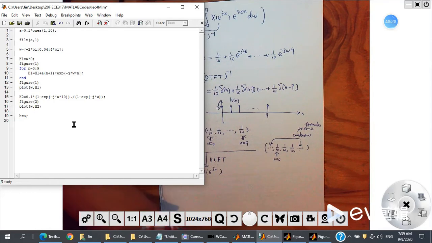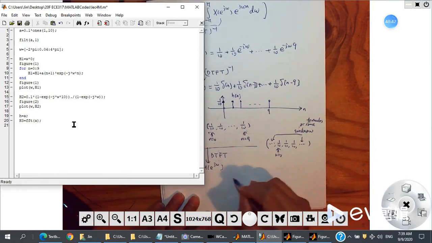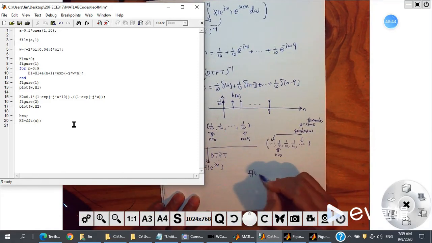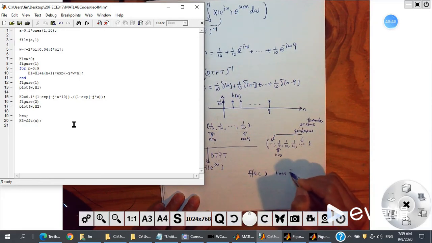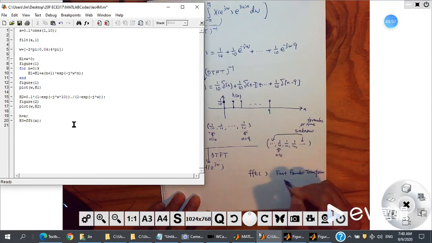Then I want another one, H3. H3 is the FFT of A. I perform this FFT. This is the fast Fourier transform function in MATLAB.